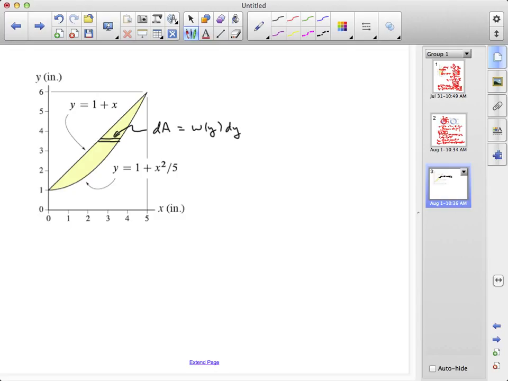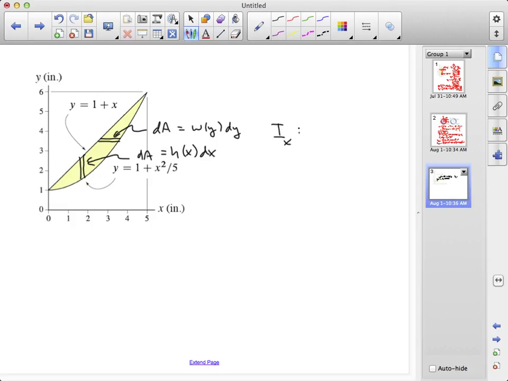And for our calculation of Iy, we'll have a vertical strip, and this area increment will be a height that's a function of x dx.